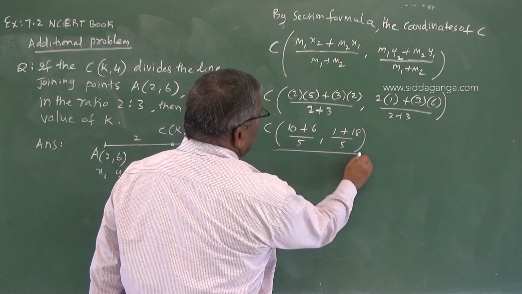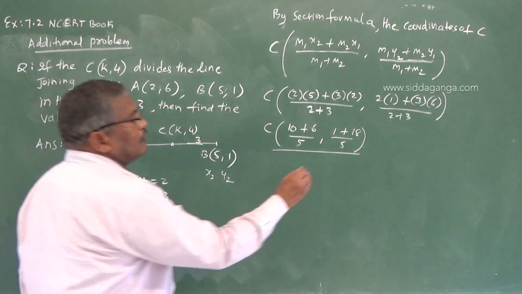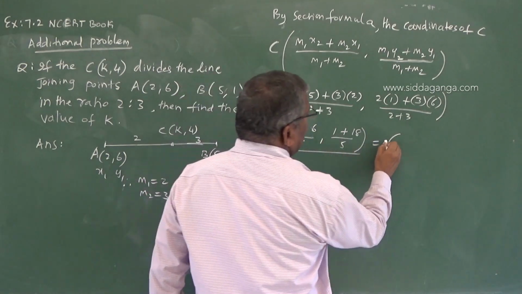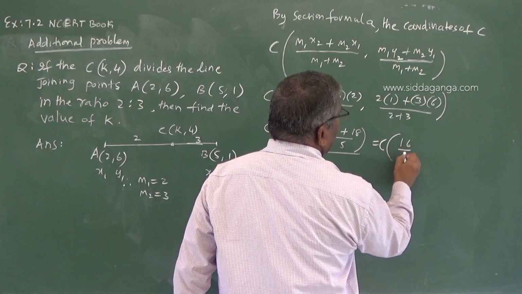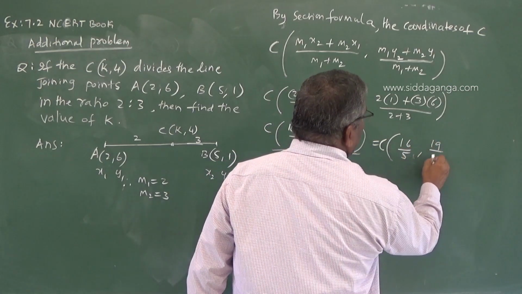So these are the coordinates of C: 16 by 5, comma 20 by 5.